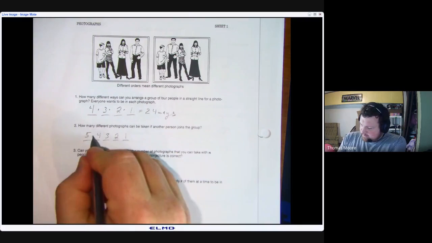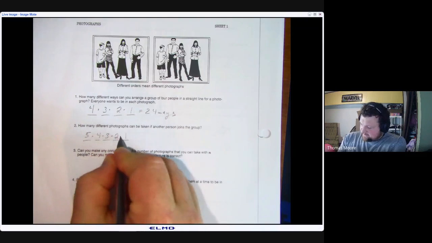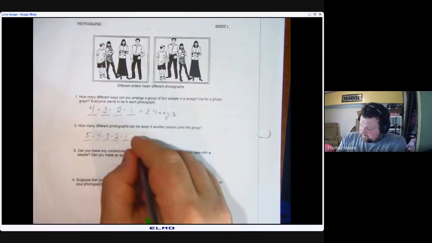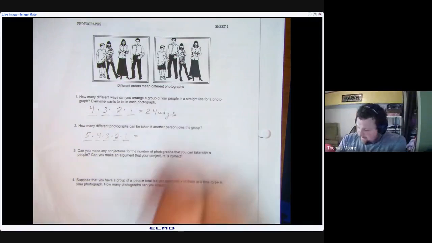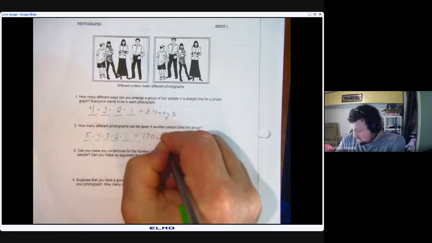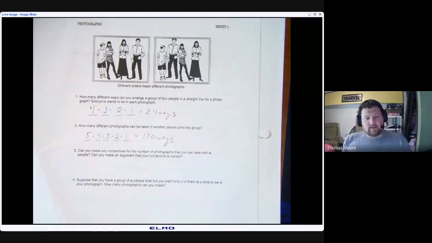So if we multiply these together, we get 5 times 4 times 3 times 2 times 1, and that gives us 120 different ways that we could take this group photograph.